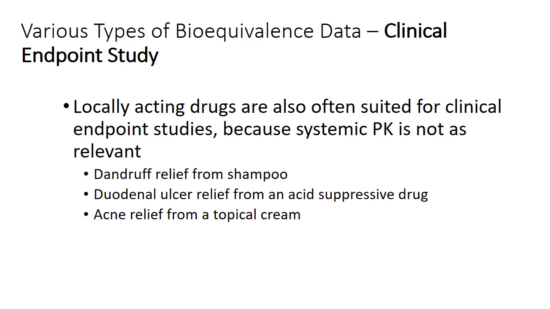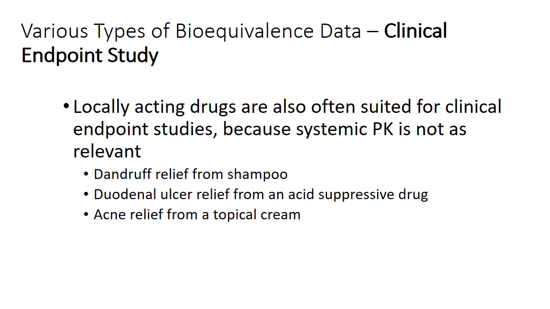the patient would have less episodes, or hopefully no episodes, of gastric pain, right? That would be a good example of a clinical endpoint. Now you can go more in a gray area of pharmacodynamic by looking at the ulcer through an endoscopy, right? That wouldn't be as clinical, right, as the final endpoint. So again, that's the gray area. Acne relief from a topical cream, right?